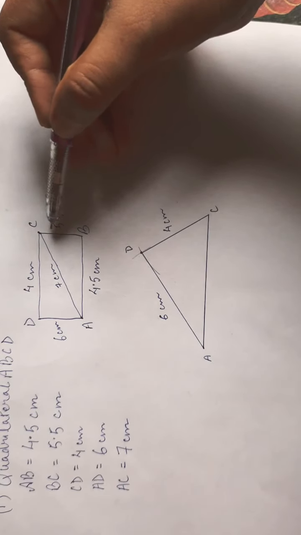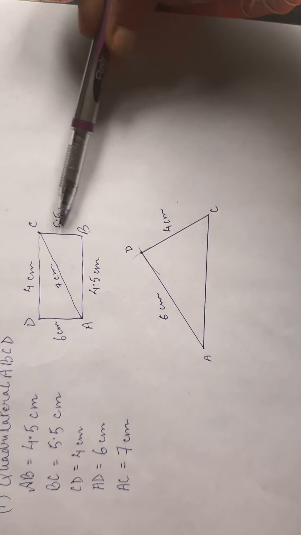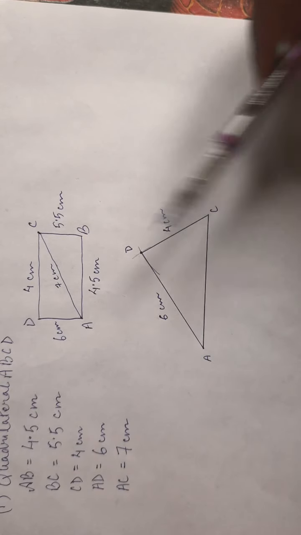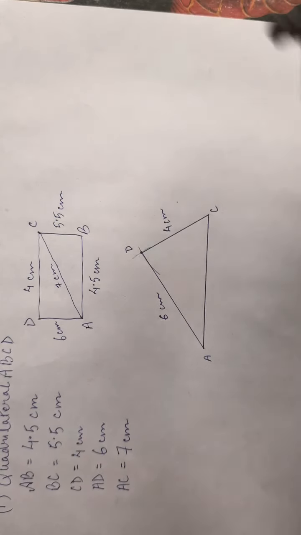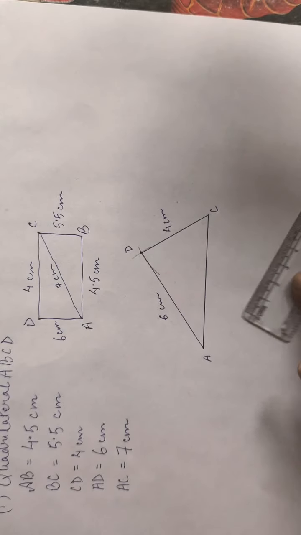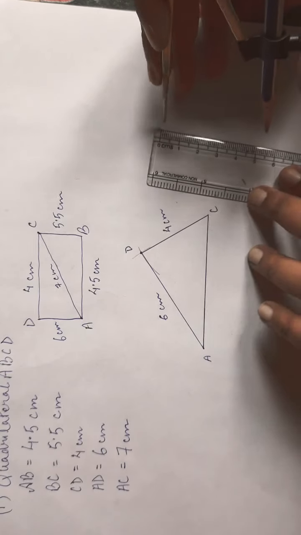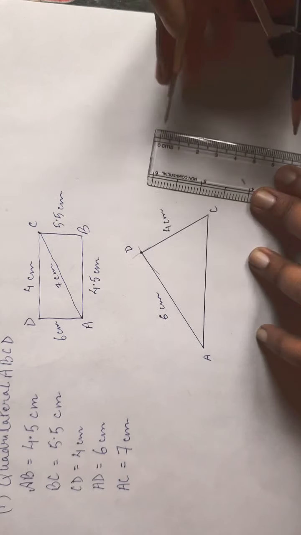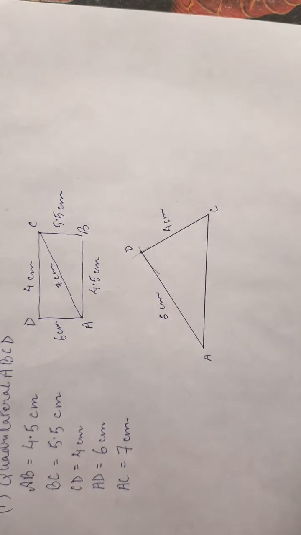Now children, these two sides are done. Now these two sides we will draw, okay? BC and AB. So what will I do? First I will take 5.5 centimeter measurement in the same way. 5.5 children, okay? So this is 5.5 centimeter.